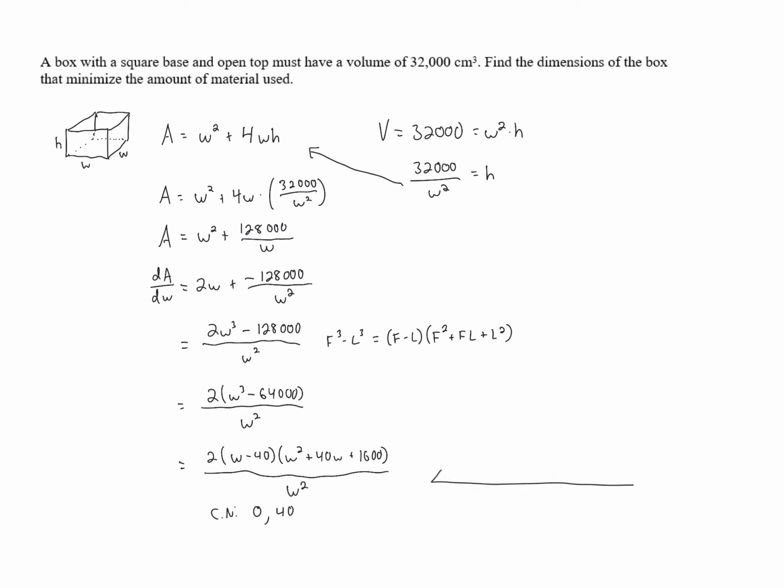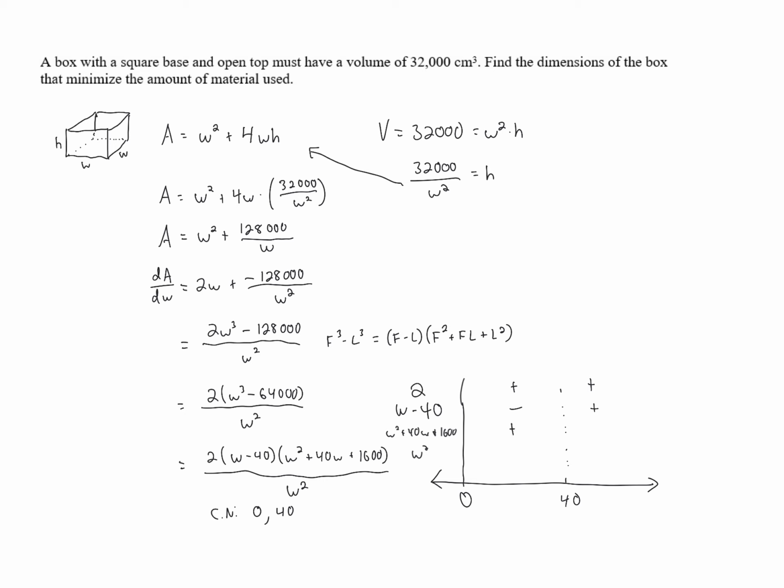We can make a sign chart if we want. 0 and 40. Our factors are 2, w minus 40, w squared plus 40w plus 1600, and the denominator as w squared. 2 is always positive. w minus 40 is going to be negative and then positive.